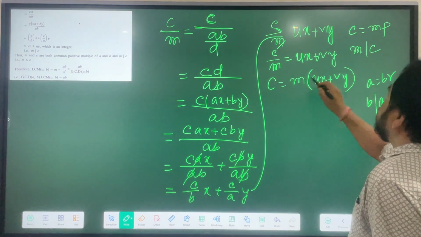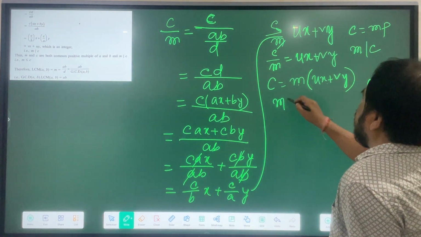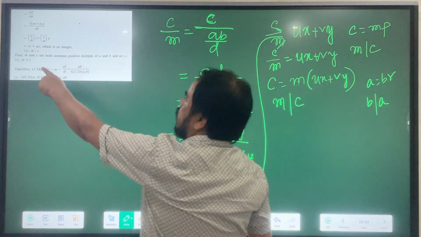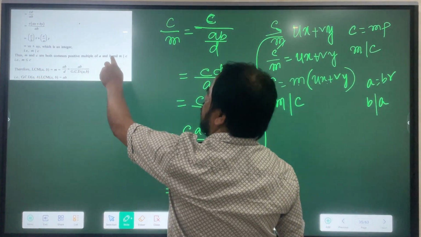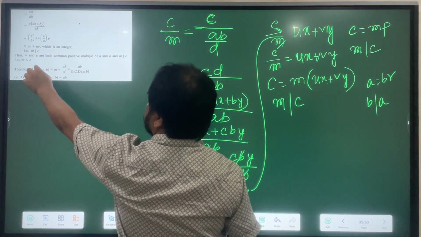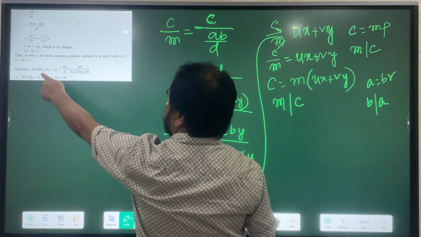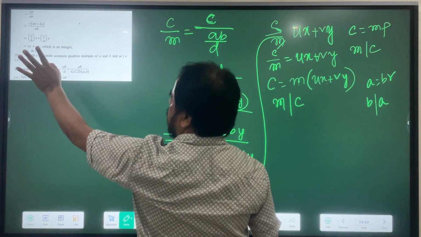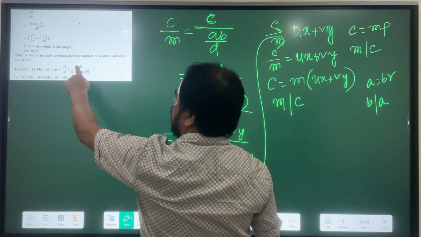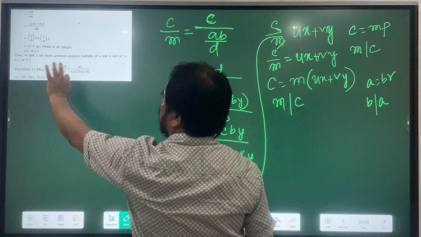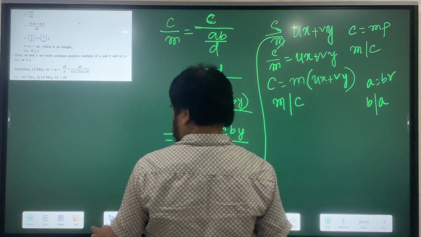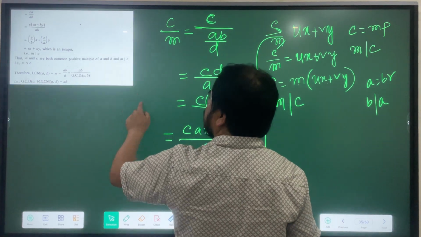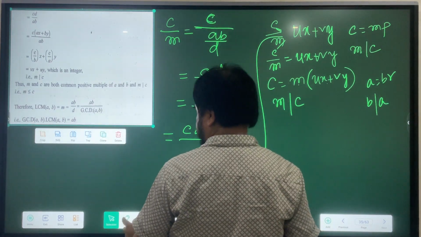So C equals M times something, so M divides C. Thus M and C are both common positive multiples of A and B, and M divides C. So the LCM of A and B will be M. This one is just cross multiplication only. You can understand it yourself, just write it yourself and do the calculation. Then you will understand.